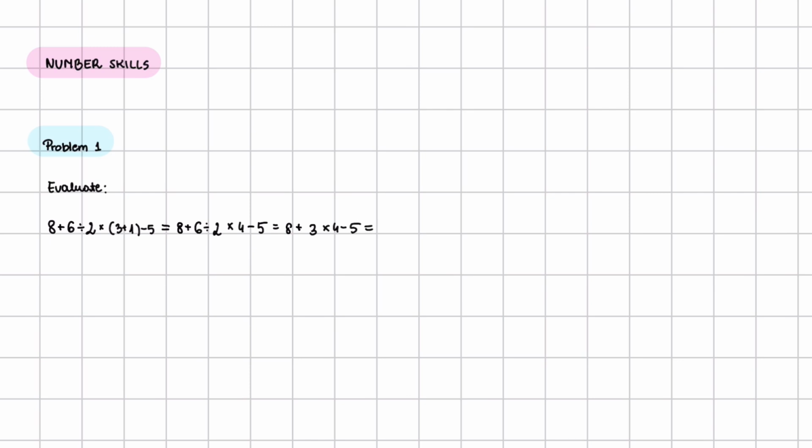Then we have to deal with multiplication, so it is 8 plus 12 minus 5. And then it doesn't matter if we firstly add the numbers or subtract, we will have the same answer. So we can firstly add them and subtract 5, so the final answer is 15.